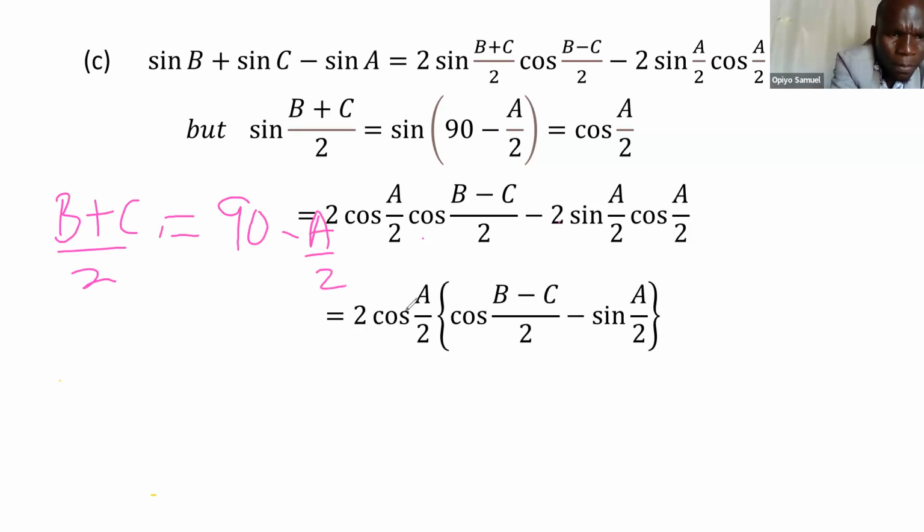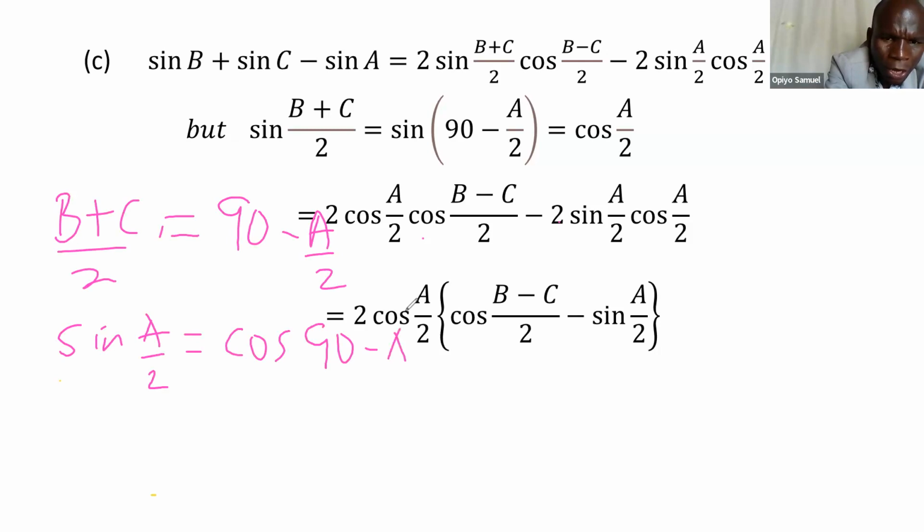So if we have sine A out of 2, remember sine A out of 2 is the same as cos of 90 minus A out of 2. But 90 minus A out of 2 is the same as B plus C divided by 2, so this is cos of B plus C divided by 2.